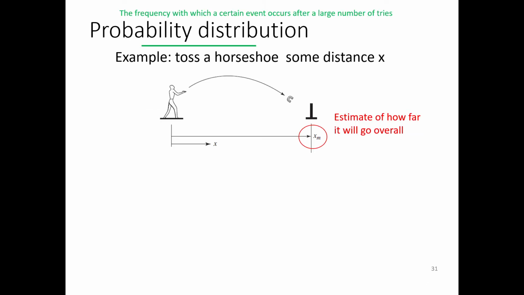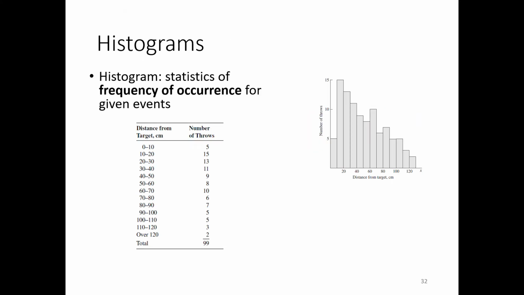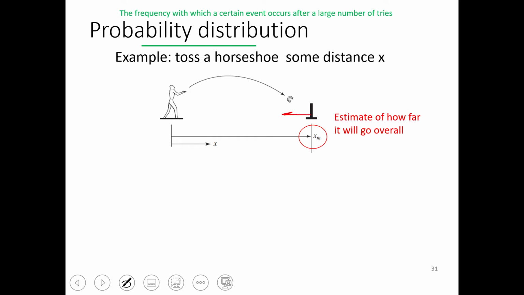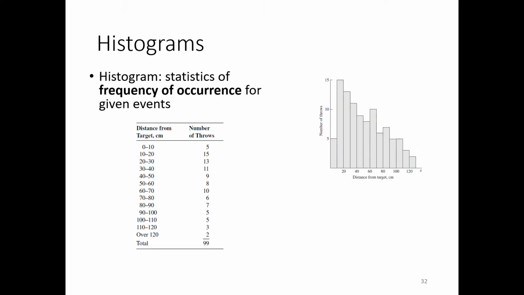And then let's say you have many tosses, 99 tosses, essentially 99 throws, okay? And you measure the distance of each toss from this estimate. Let's say toss 1 at this distance, toss 2 at this distance, and you do it 100 times.